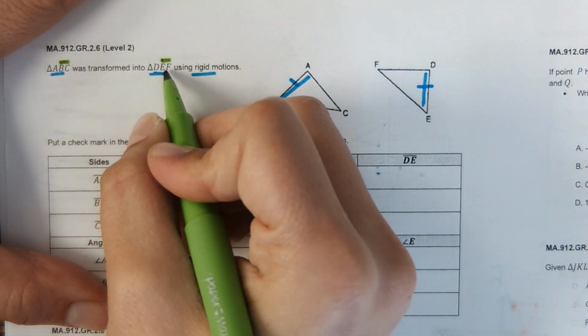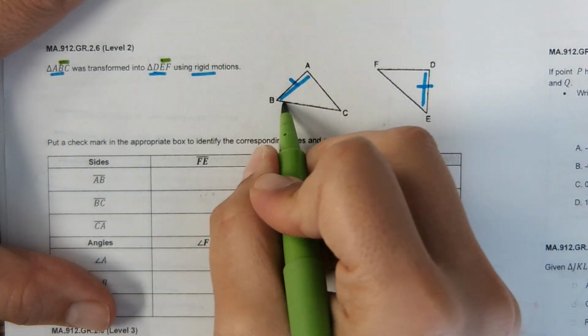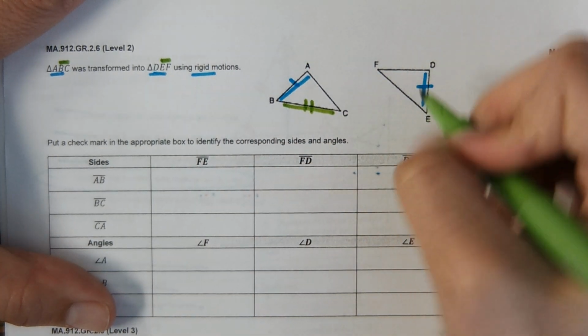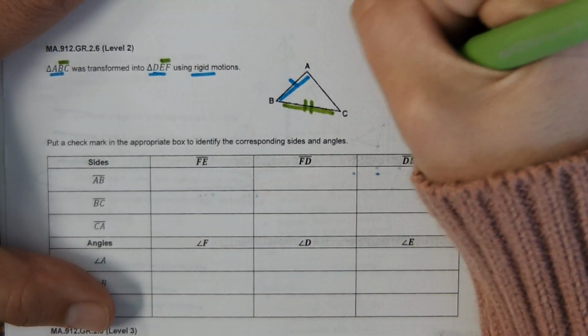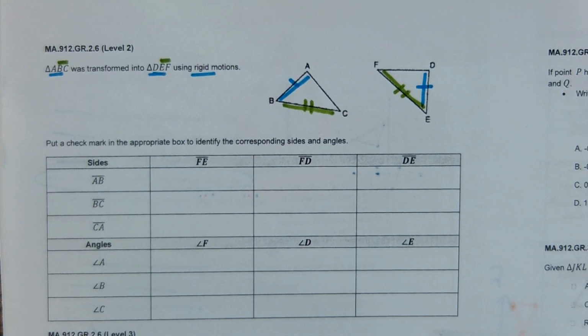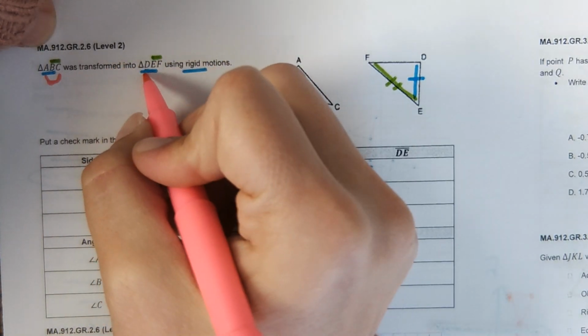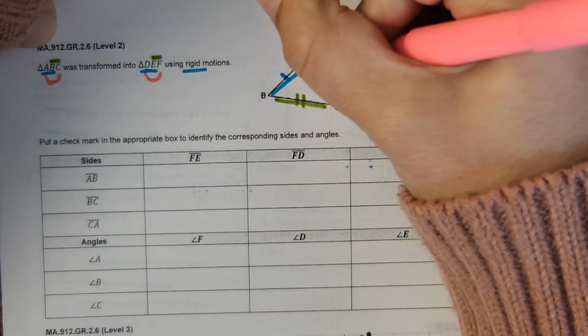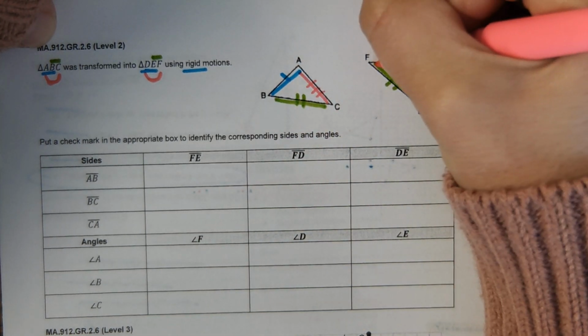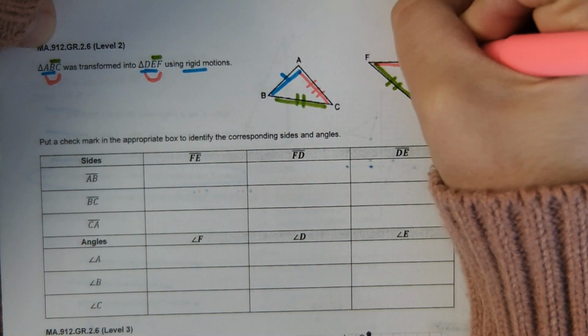So BC corresponds with EF, and they are the same length. And then the first and last letter, AC, corresponds with D and F. So this here corresponds with DF.